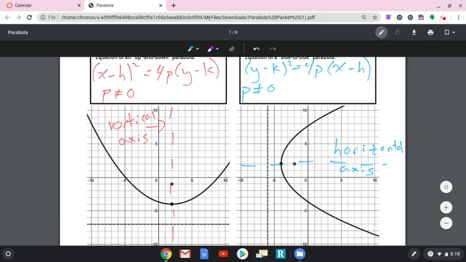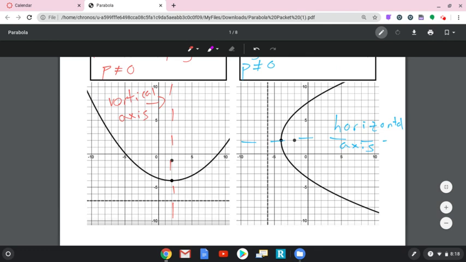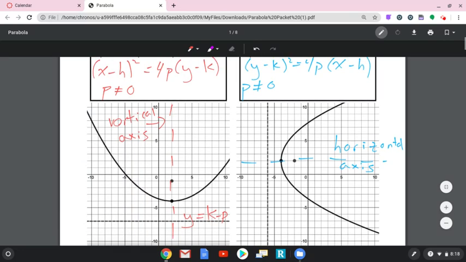Now, I also want to give you some information about the directrix and the focus. In our first one, the equation of the directrix will be y equals k minus p. So this line down here will be y equals k minus p. That is the equation for the directrix when we have an up and down parabola.